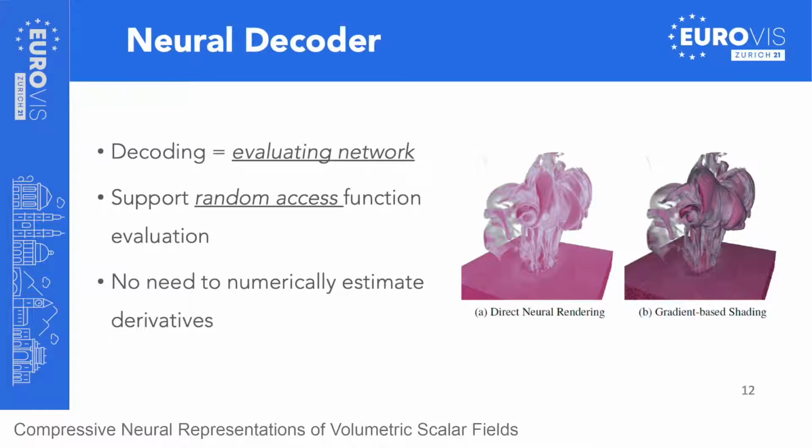Moreover, it is trivial to support direct illumination via the computation of function gradients as we march, which is then normalized for shading purposes. Also, it's worth pointing out that, as shown on the right, the quality of the volume-rendered images suggests that our network serves as a good interpolant, not merely overfitting to the sampled field's values.